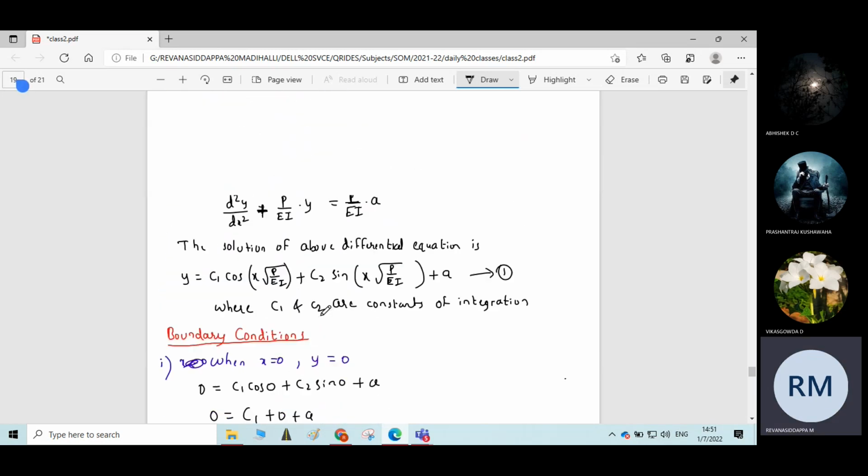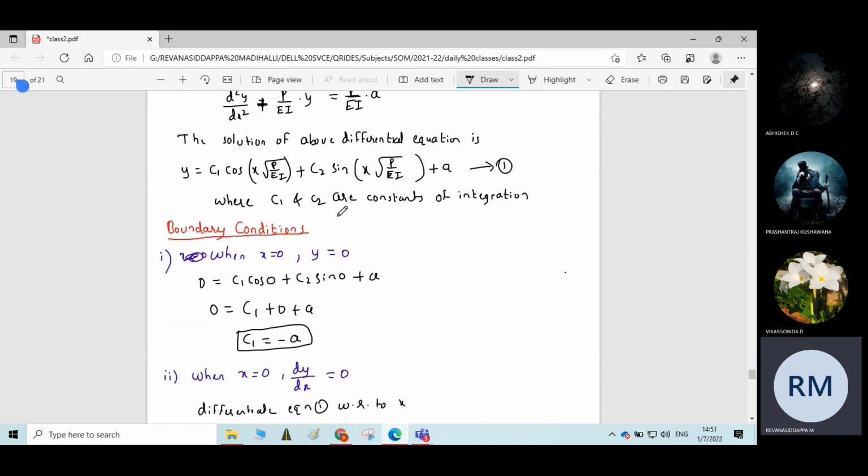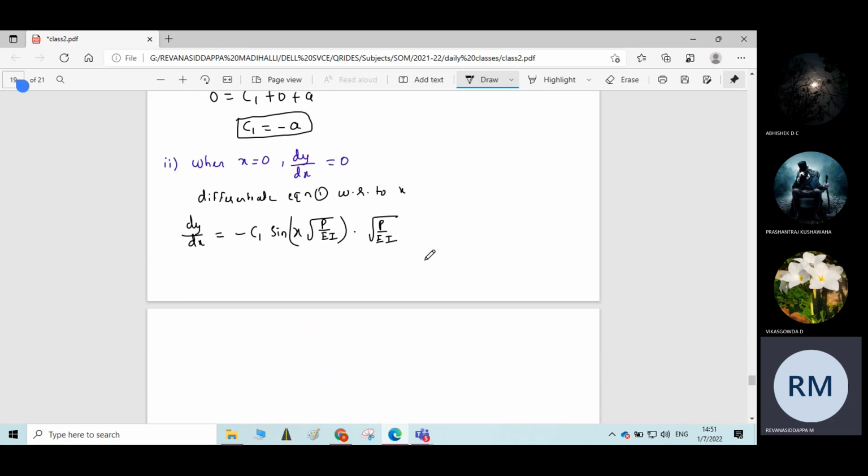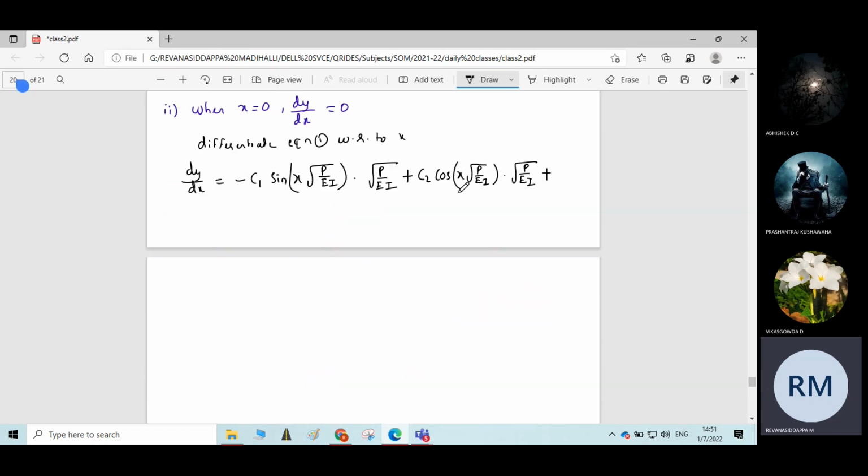Then the differentiation of the second term, c2 sin x root P by EI, becomes c2 cos x root P by EI into the differentiation of the bracket term, again root of P by EI, plus the differentiation of constant a, which is 0.